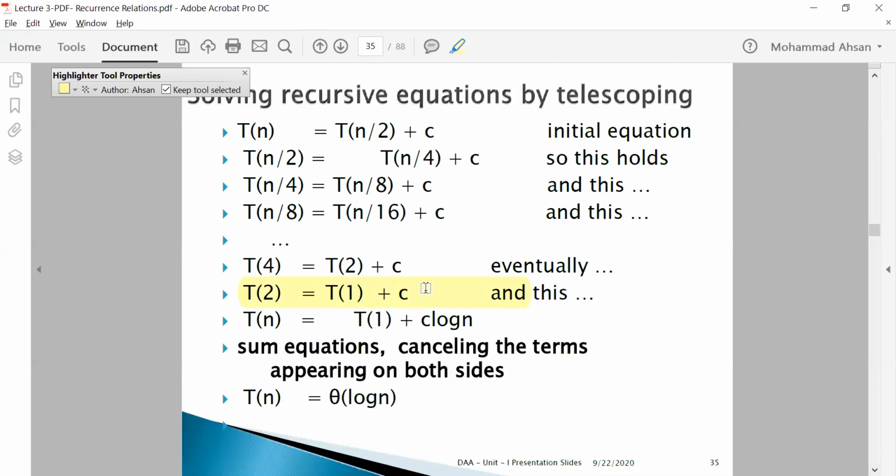Now if you add this, the left and the right hand side will cancel. So what you will be left with will be the plus C term.